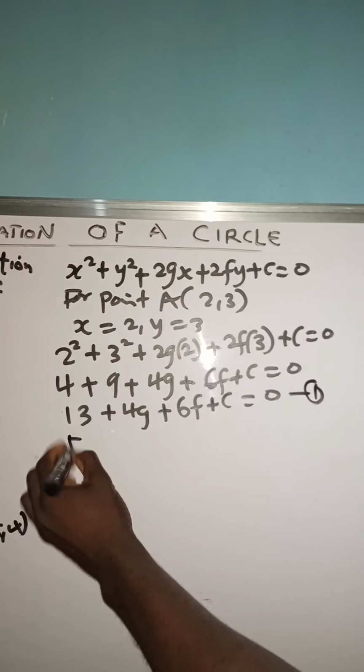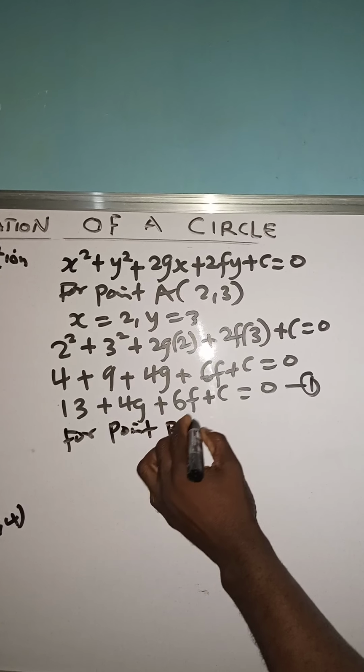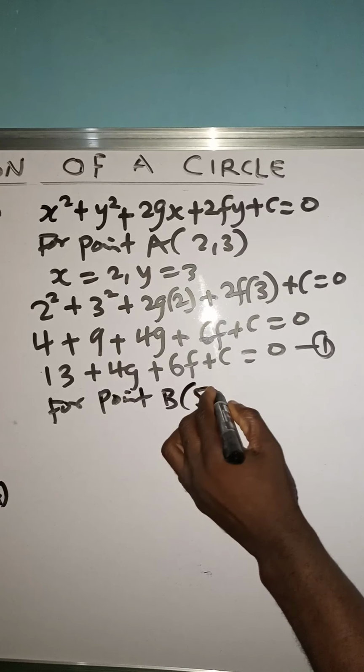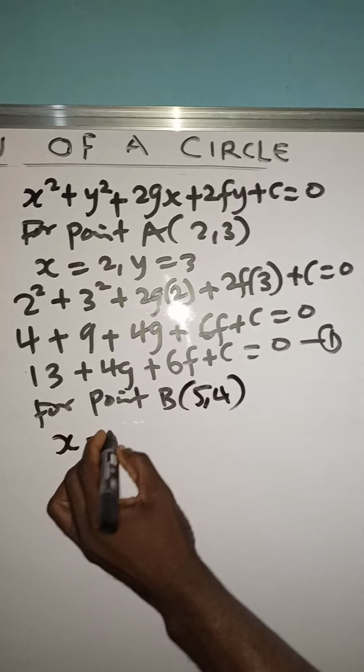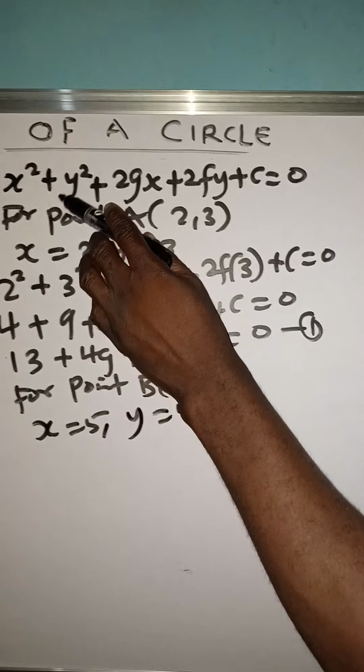Then for point B, which is (5, 4), it implies that x is 5 and y is 4. Substitute into the general equation of the circle.